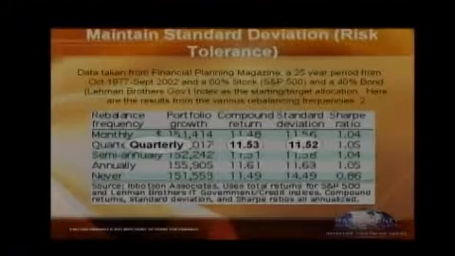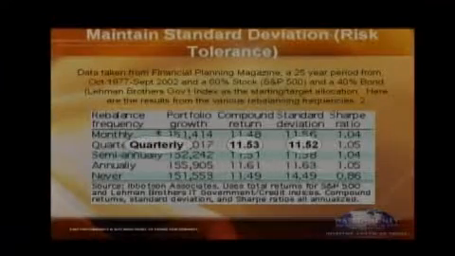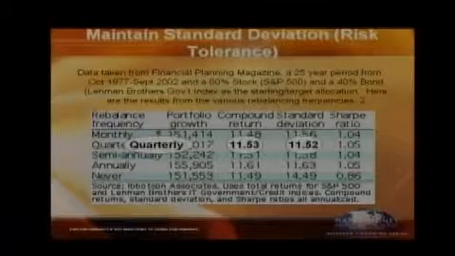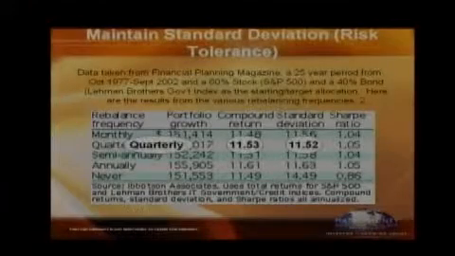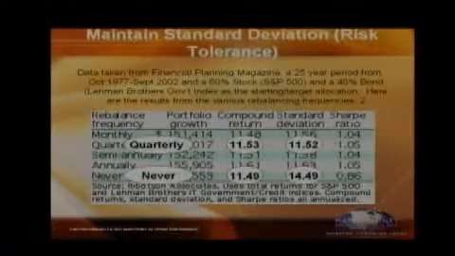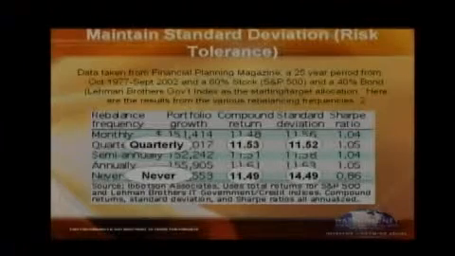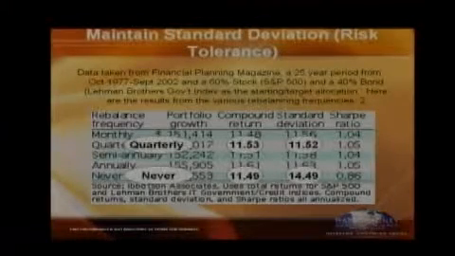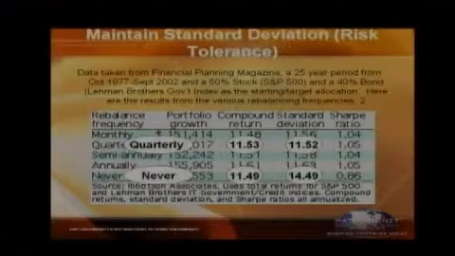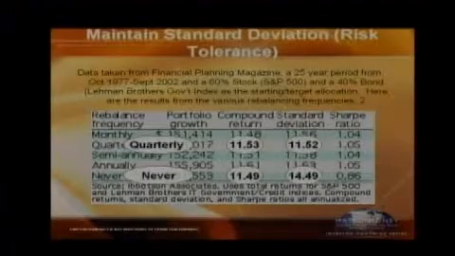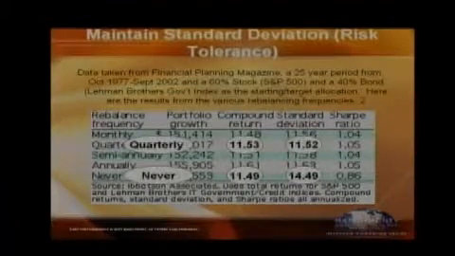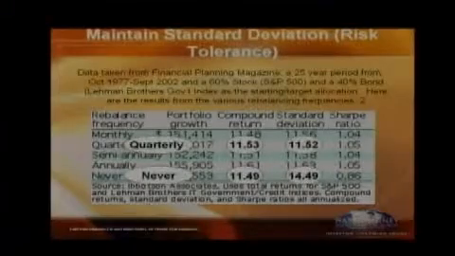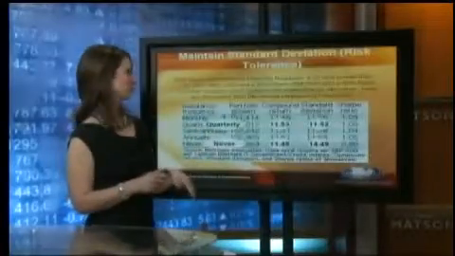The key here is that with rebalancing, your return ends up being around 11.5% with a standard deviation of 11.5%. But if you never rebalance that entire time, you still get essentially the same return, 11.4%, but your standard deviation goes up almost 3%. So not rebalancing bumps up your standard deviation. So that's why I want to make sure that we're consistently rebalancing.